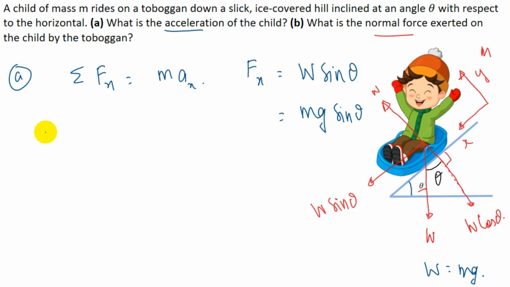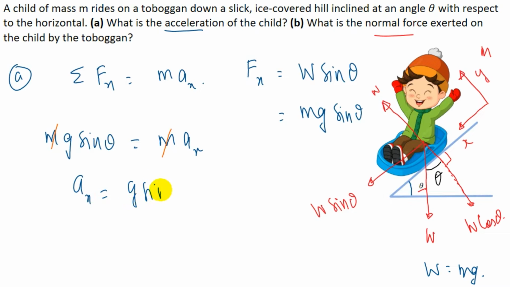Now we can put it here: mg sine theta equals m times ax. From here we can see that m and m will cancel and we get the expression for ax to be equal to g sine theta.